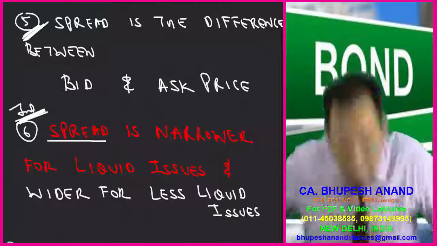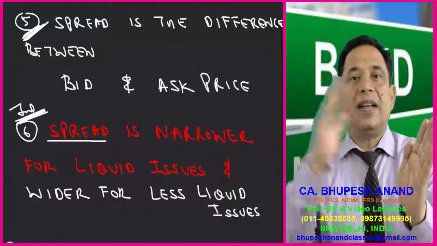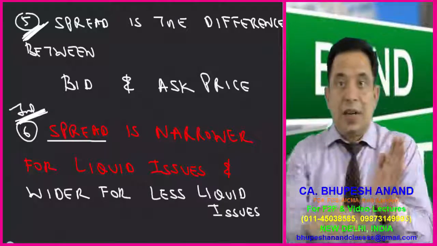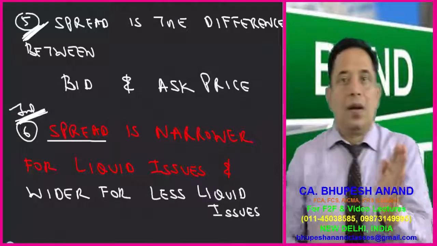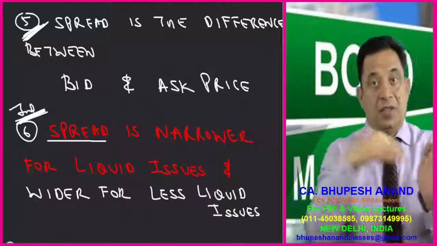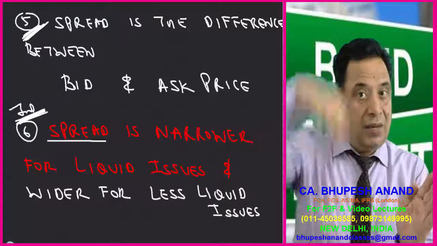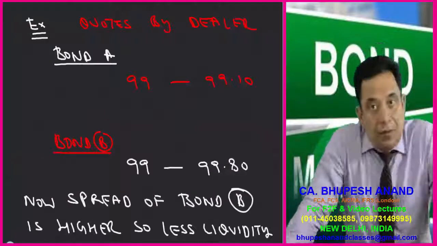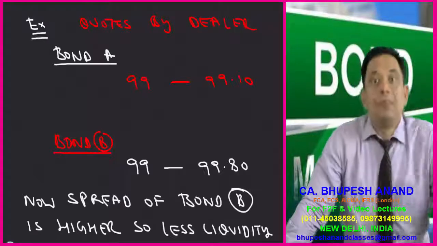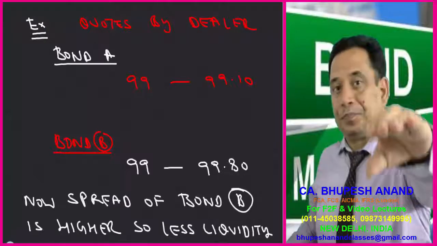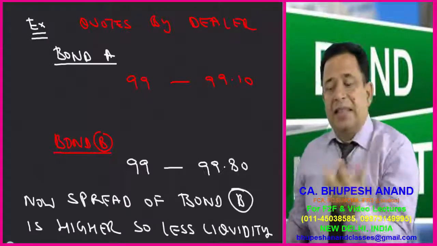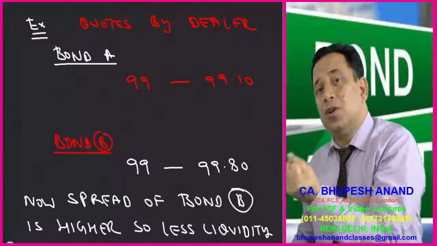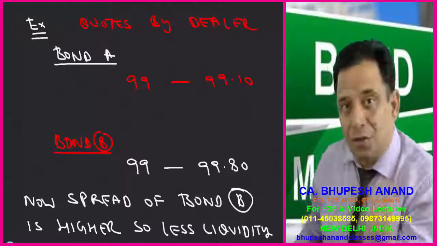It is intuitive that if the difference between bid price and ask price is very small, it means the spread is less, and the asset is more liquid. If the difference between bid and ask is wider, the asset is less liquid. And I have given you an example: quotes given by a dealer for bond A and bond B. For bond A, 99 slash 99.10: 99 is the bid rate, 99.10 is the ask rate, and the spread is 0.10.